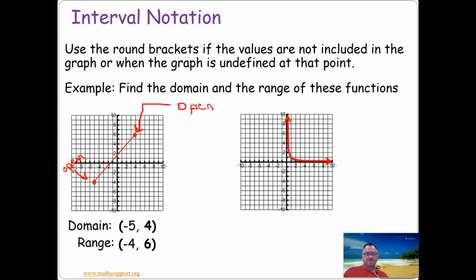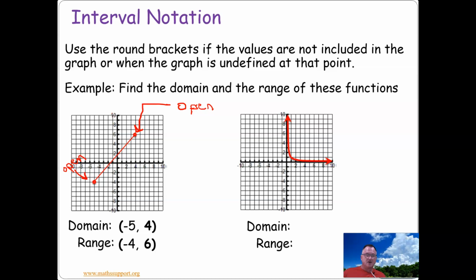All right. Now if we look at our domain, there's a vertical asymptote, which is your y-axis here. It doesn't touch it. So the smallest x-coordinate is going to be everything down to, but not including 0. So our domain is all the numbers that are greater than 0. That means everything to the right of 0.